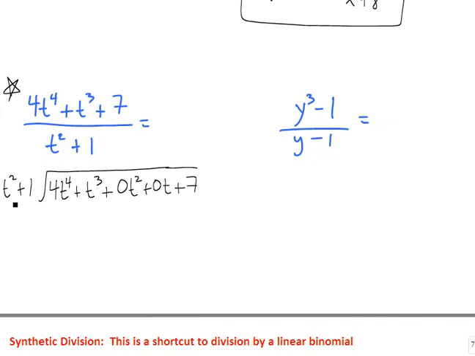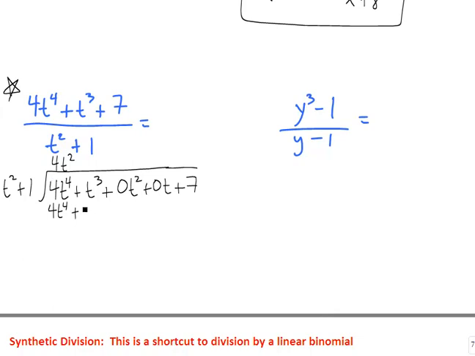So we're going to do t squared times what gives us 4t to the 4th? Well, we need a 4 and we need a t squared. Now we're going to take that 4t squared times both of these terms out front. So 4t squared times t squared is 4t to the 4th. 4t squared times 1 is 4t squared.